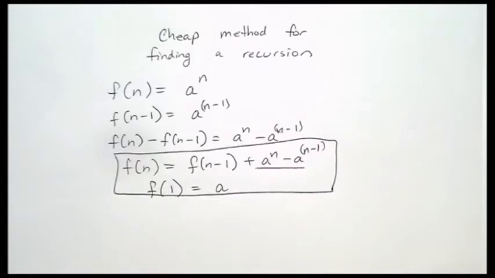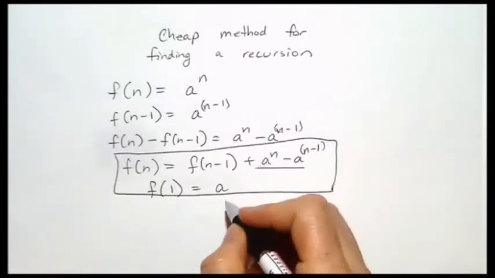Yes? So I noticed that the resulting recursion formula is... That's exactly what it is. Sure. Okay, but we haven't gotten the benefit of making a simpler calculation yet. That's what I'm talking about.